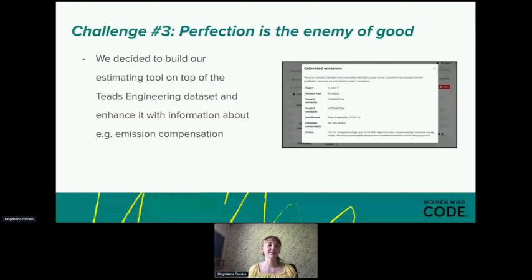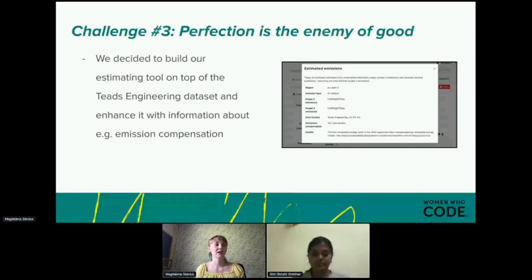But we found that in this topic, it was really hard to find a single perfect answer or perfect approach, since there are so many changing variables in the equation. In the end, we were satisfied by letting the customers know that this is an emissions estimation and trying to do our best to really explain how this data was gathered.